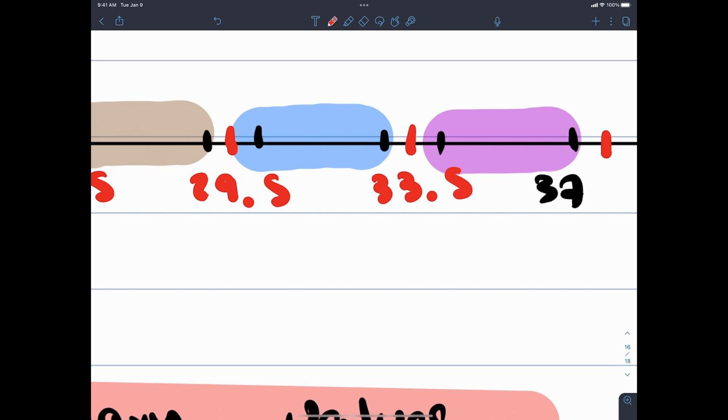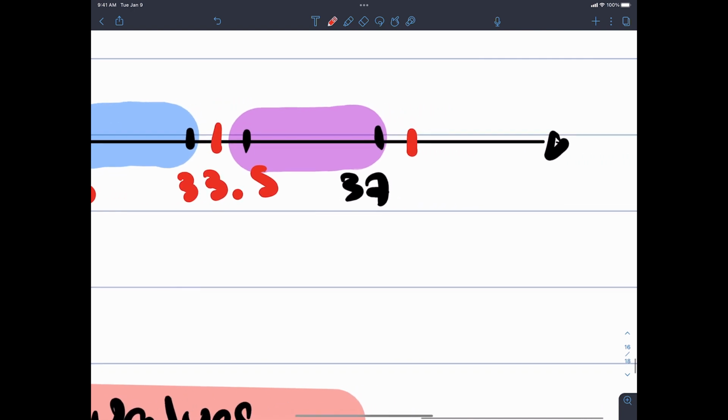All right, good job. And then, ladies and gentlemen, you might say to me, what do I do at the very end if there's not another bin? Well, I'm going to say pretend there's a bin. What do you mean by that? Start with 38. What's midway between 37 and 38? If there was another bin, what would that boundary value be? 37.5.